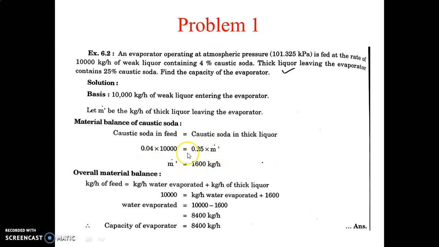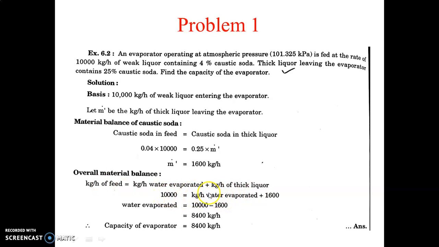If we know these three quantities, we can easily calculate the fourth quantity, that is m dot. This is the kg per hour of thick liquor, which is equal to 1600. Then you have to use this in the overall material balance. Kg per hour of feed is equal to kg per hour of water evaporated plus kg per hour of thick liquor. So 10,000 we have already put in.